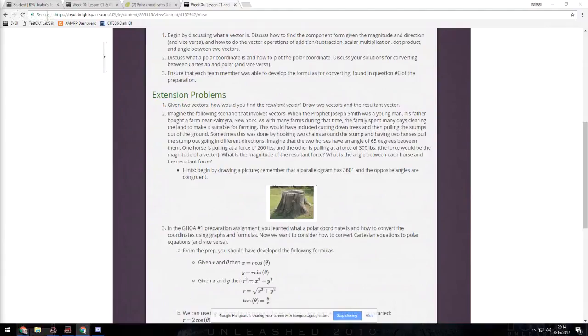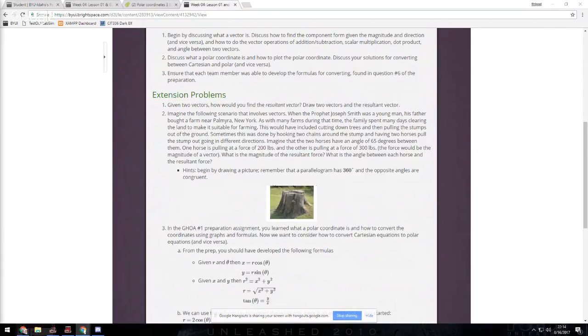And to do the stump, again, it says that they're 65 degrees from each other. To make it easy for me, I just put the 300-pound force along the x-axis. I went 65 degrees to the 200 pounds, which I just say the magnitude is 200.